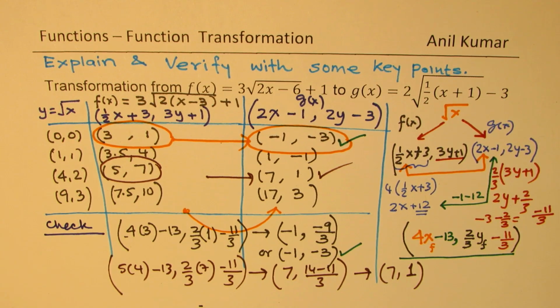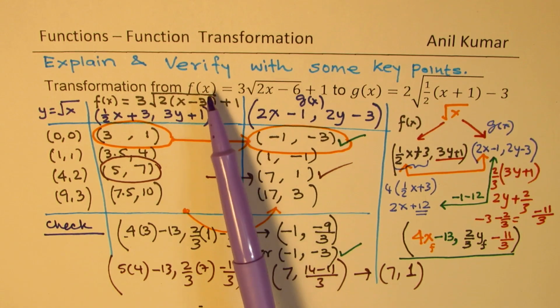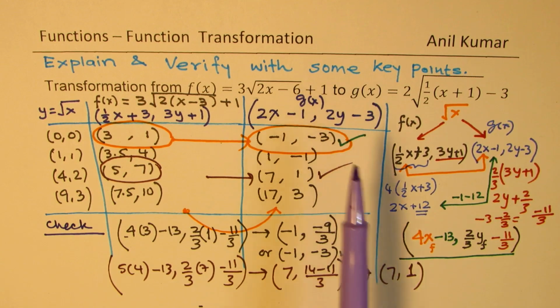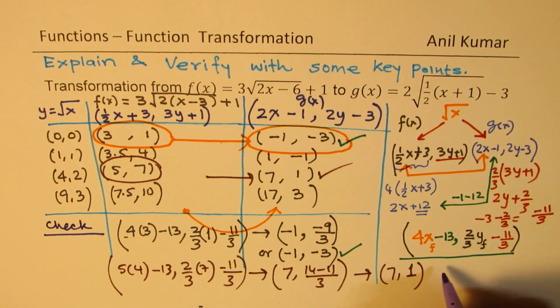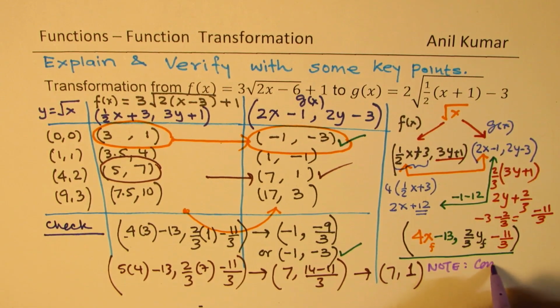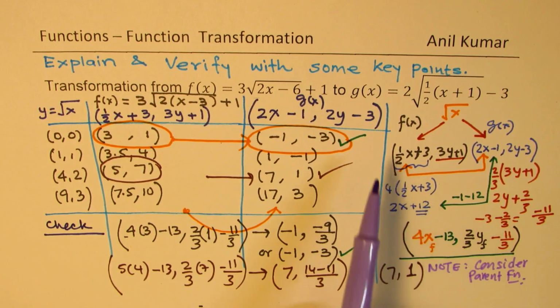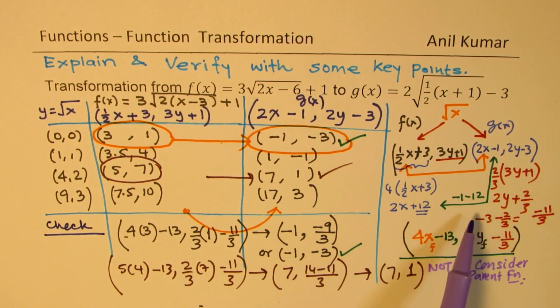So in this particular exercise, you have understood very clearly that to compare the transformations from f of x to g of x, we should go via the parent function, right? So note, consider the parent function. Is that clear? And then you will always get the right answer.